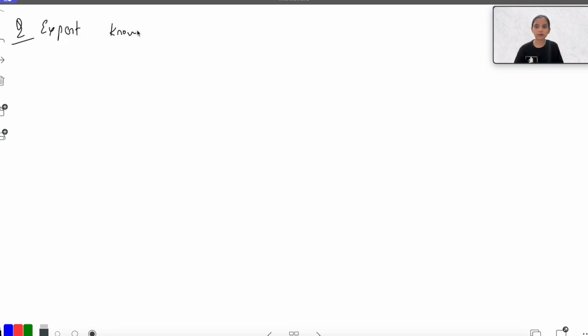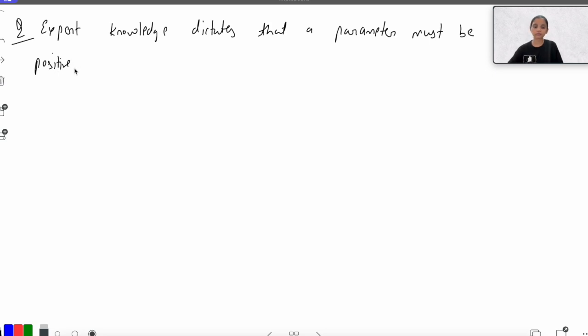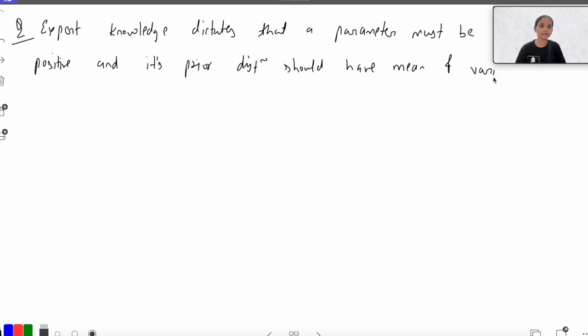That expert knowledge dictates that a parameter must be positive and its prior distribution should have mean and variance 2.